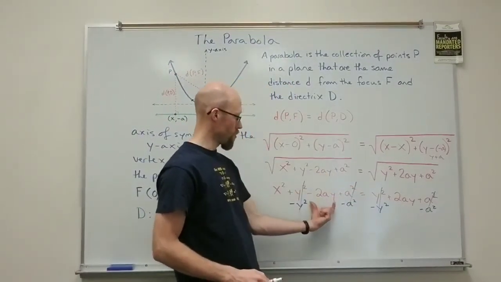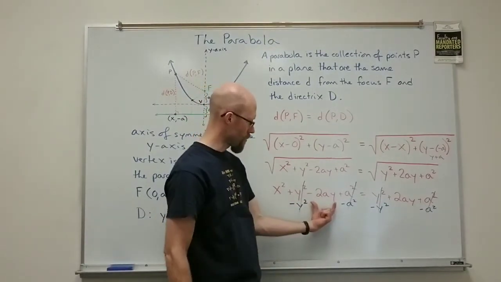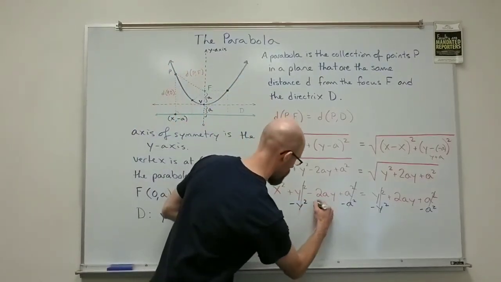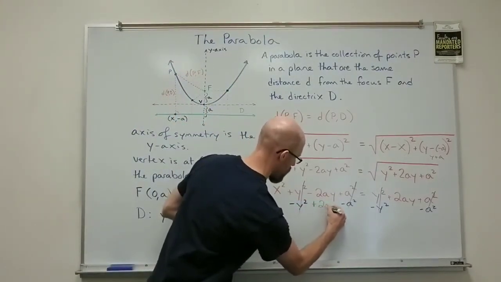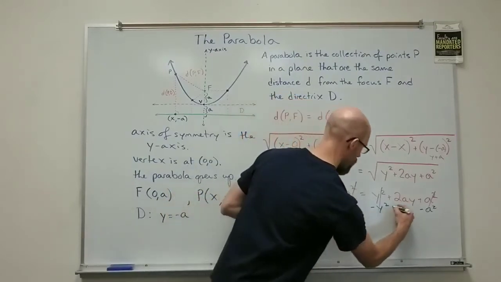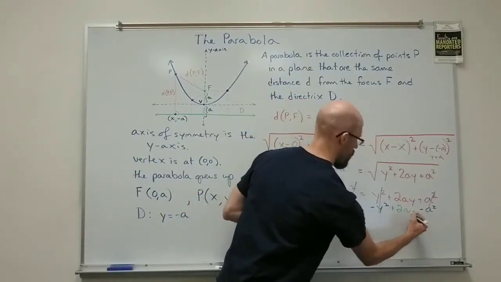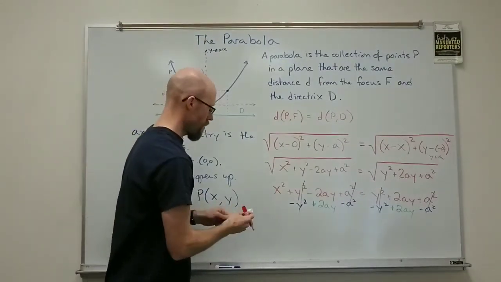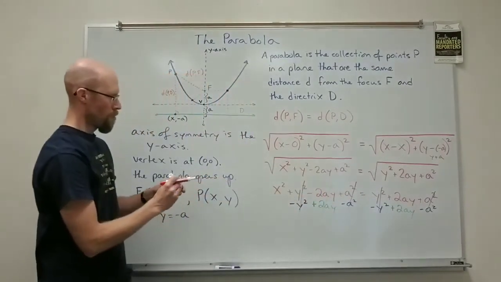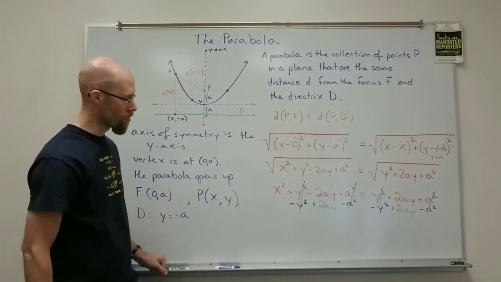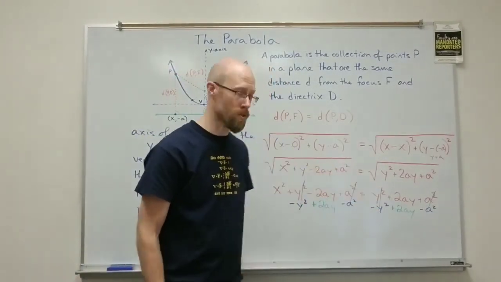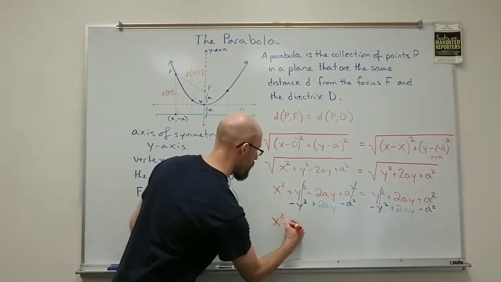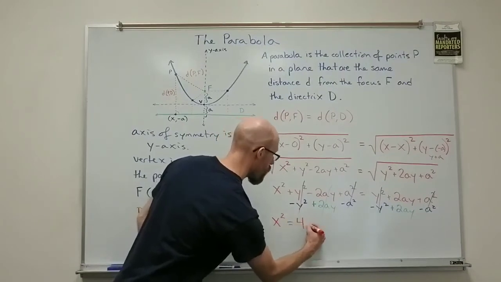Well, if I were to make everything positive, I'm going to add this 2ay to both sides. That's going to drop it off on the left, but on the right it actually doubles in value, so it becomes 4ay, right? 2 plus 2. And so my final equation is going to be x squared equals 4ay.